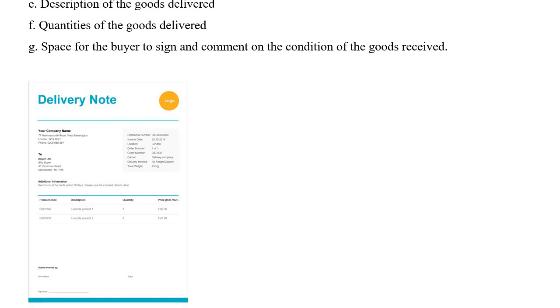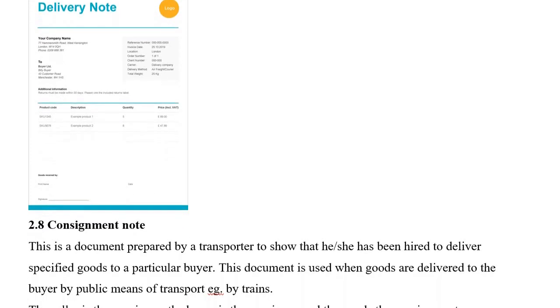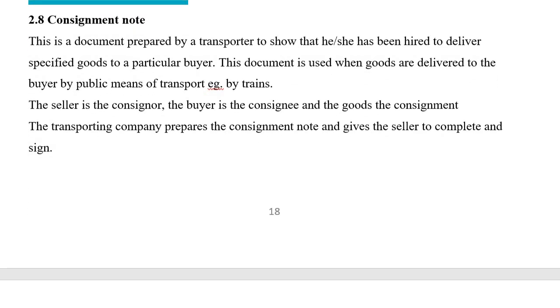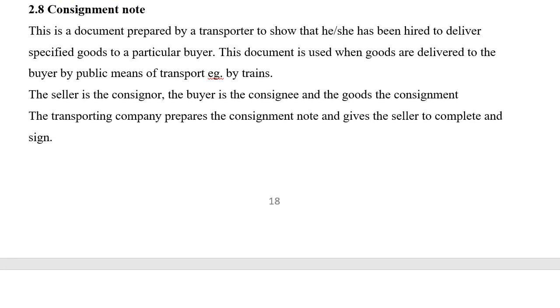That is it. So let's continue to the next Hometrade document, which is the consignment note. In most cases, a consignment note is prepared by the transporter to show that he has been hired and is the one who is going to deliver those specified goods to a particular buyer.